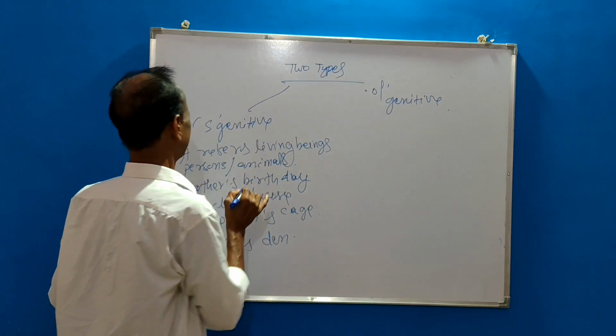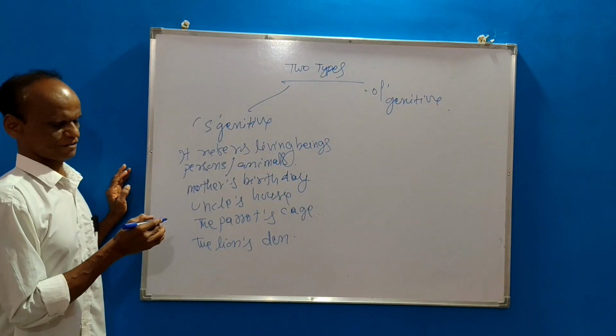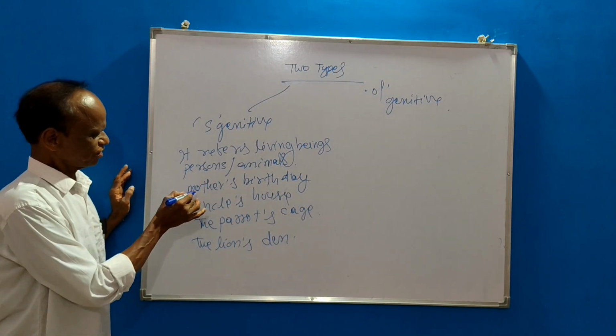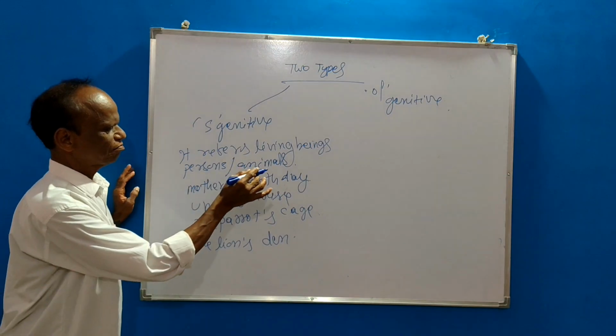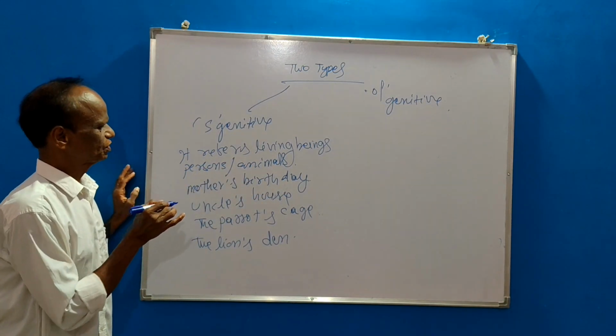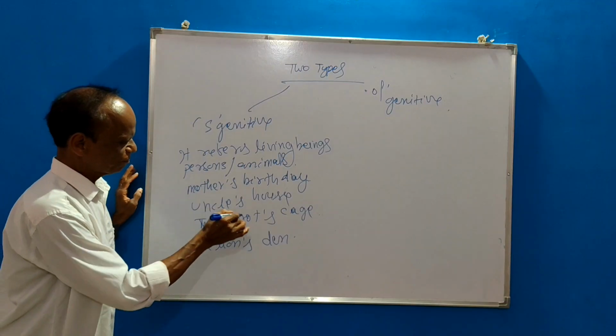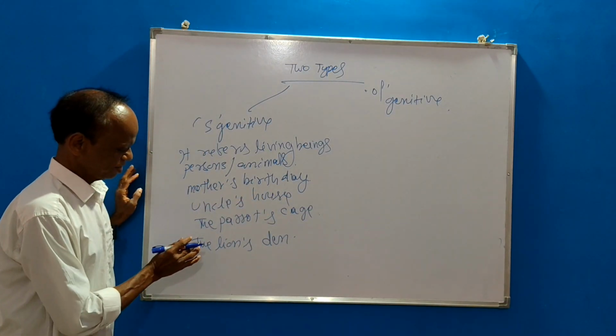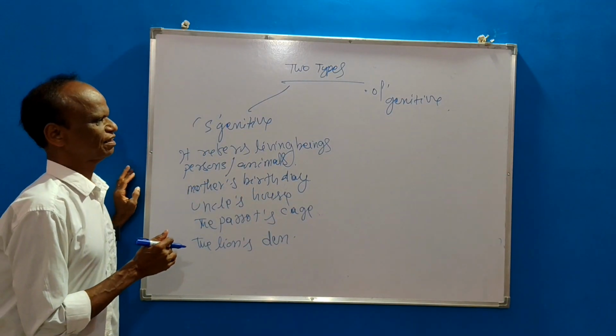So S genitive refers to living beings. Persons: mother's birthday, uncle's house. Animals: the parrot's cage, the lion's den.